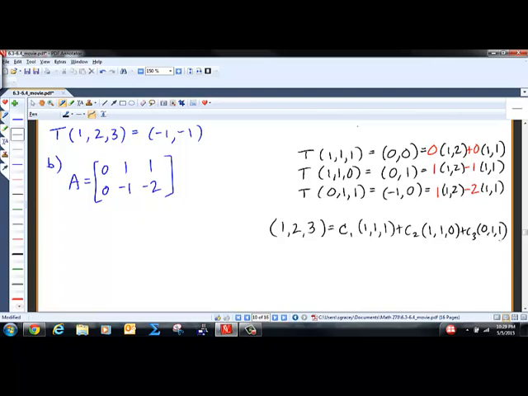So now this is a way that we can calculate it. This will make the matrix with columns (1, 1, 1), (1, 1, 0), and (0, 1, 1), going down in columns, starting with the C1. If you need to see it better, you could multiply out the C1, C2, and C3 and see the system of equations you come up with.